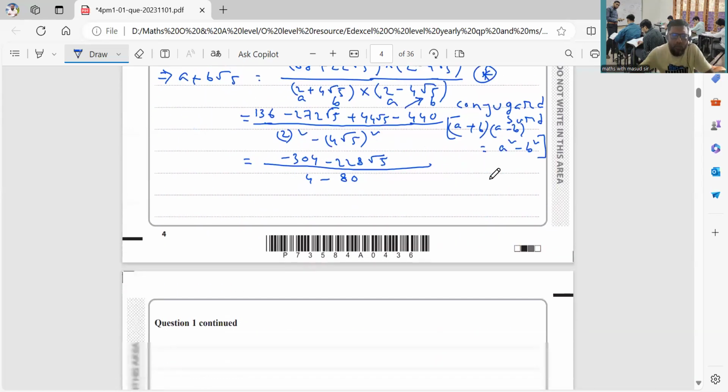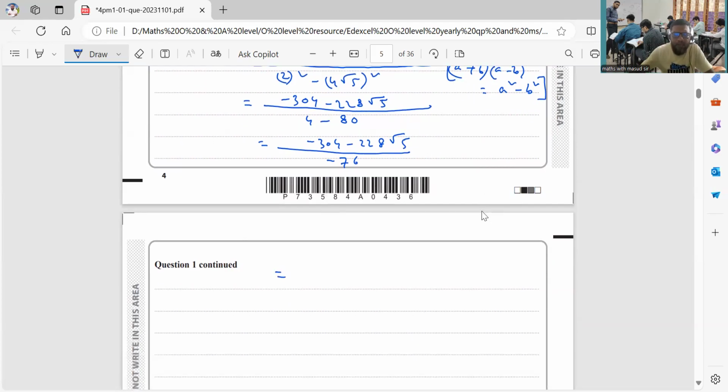Okay. So almost we have done. So in the denominator 4 minus 80, and it will be minus 76. And in numerator minus 304 minus 228 root 5. Now you can write it separately.